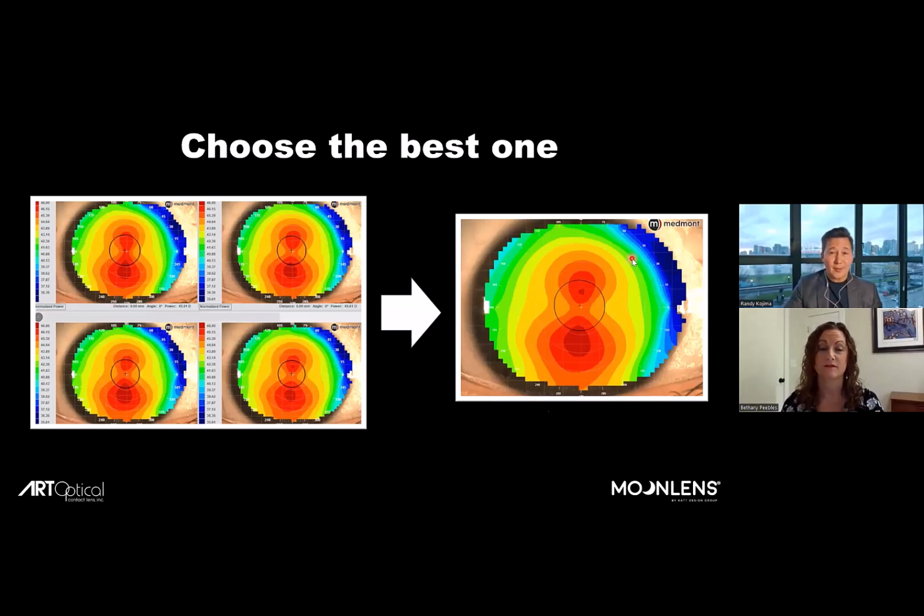So not at all, Randy. This is so important, quality baseline topography really is key. That's not only what we're building the first lens from, but we are referencing that baseline topography at every follow-up visit when we are doing those comparison maps.